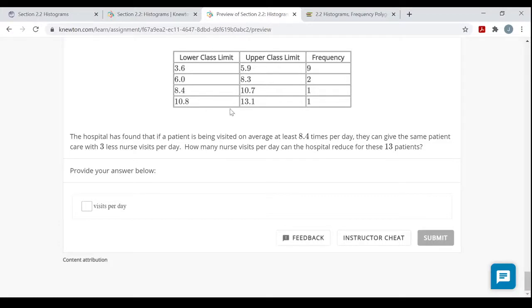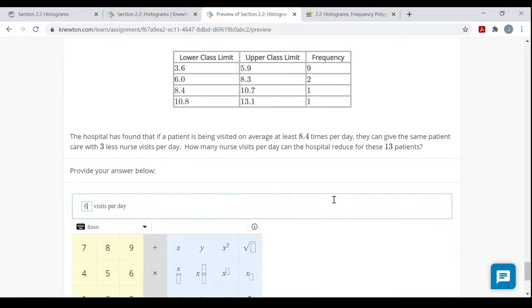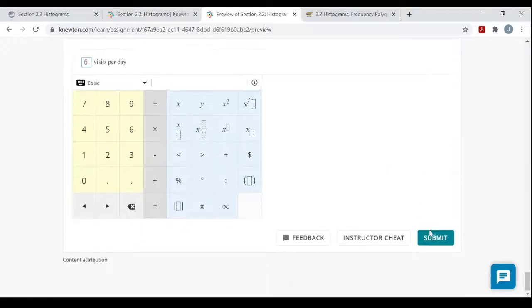That's at least 8.4. Remember, read carefully, at least 8.4. So there are two patients that are visited at least 8.4 times per day. And for each of these patients, they can reduce the number of nurse visits by 3. So how many nurse visits can they reduce? Well, there are 2 of them, reducing 3 each. That's a reduction of 6 visits per day.